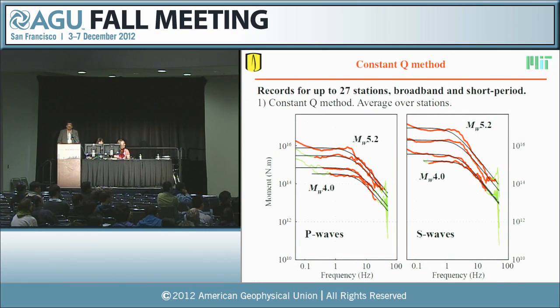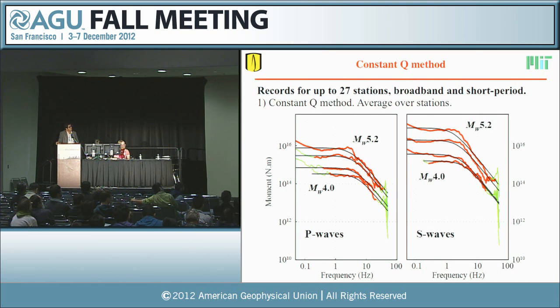And in order to look at the source parameters, we have to look at the seismic data, correct for attenuation, site effects, and anything that happens between the source and the receiver to be able to observe or try to determine some of the source parameters. So I'm going to use 3 methods, and all of these methods together get us a result that seems to be more stable than just using one.